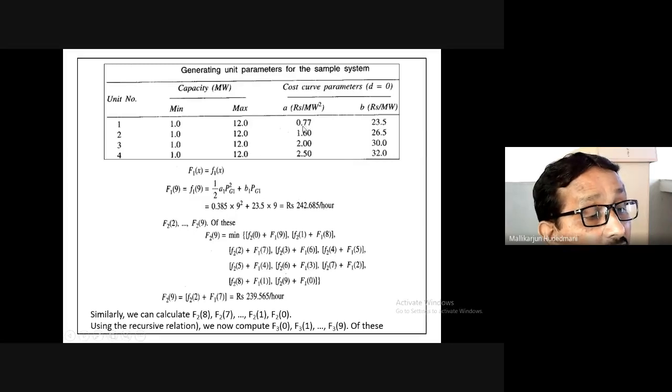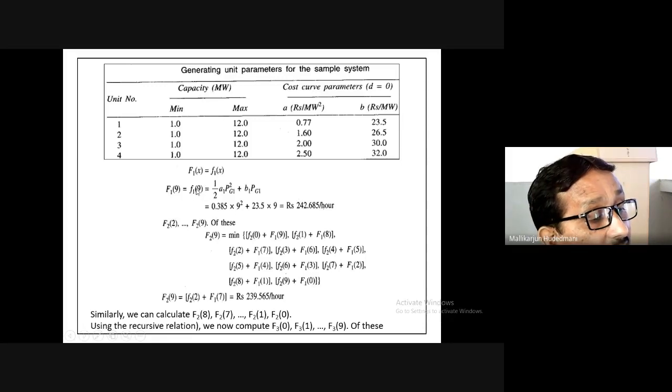Half into A, 0.385 times PG1 square, 9 is the megawatt, 9 square, plus B1, 23.5 into PG1. It sums up to 242.685 rupees per hour.